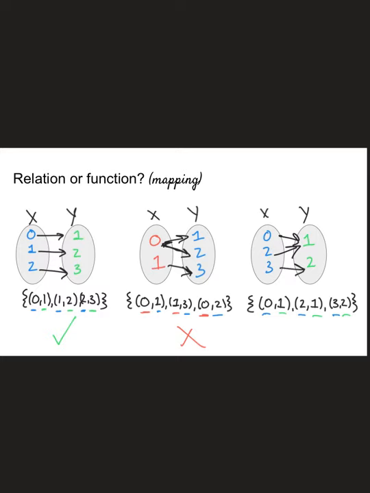This is a function. It does not matter how many arrows point to the same y. We don't care if y repeats, we only care if x repeats. So this is a function. And that is mapping.